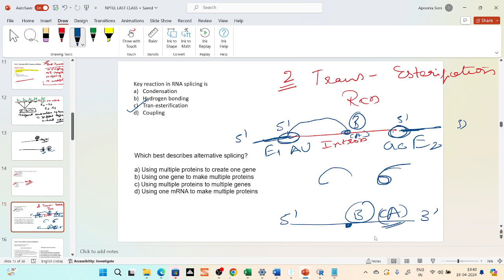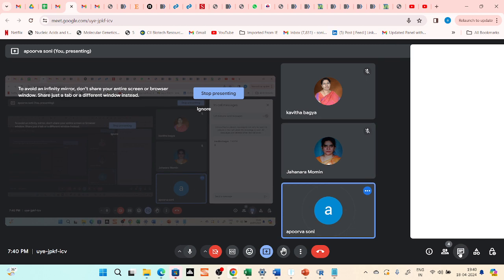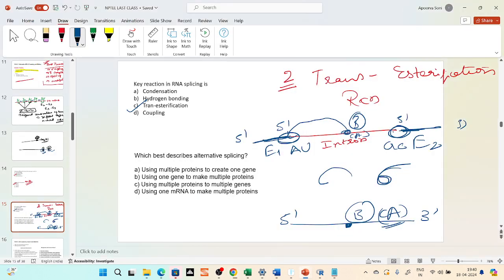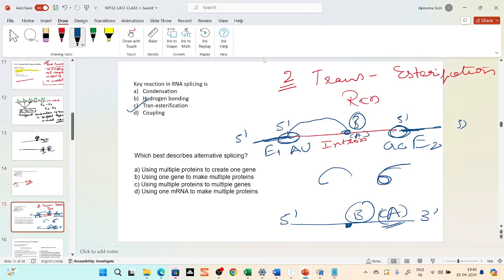No. Why? I understood your concept. Your concept is correct, but what you have to pay attention to is this. When we talk about splicing, we are talking about the cutting of RNA in a way that it makes different kinds of proteins. So we are talking about RNA.